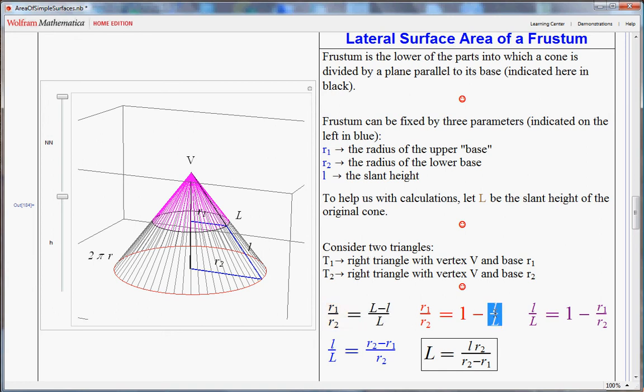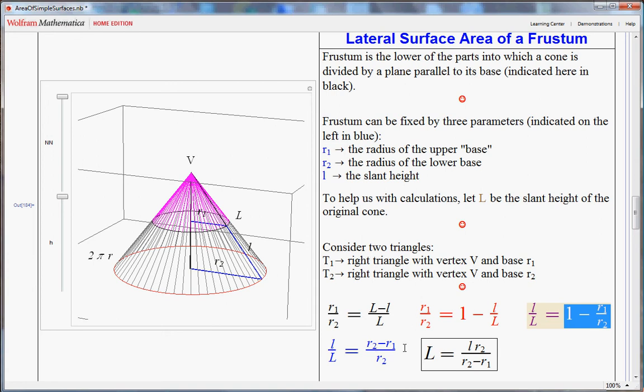Let's move that ratio to the left side of the equation, while at the same time taking the ratio of the radii to the right side. We will obtain the purple equation, and in the purple equation let's find the common denominator on the right side. That common denominator will be r sub 2, and we will get the blue equation.